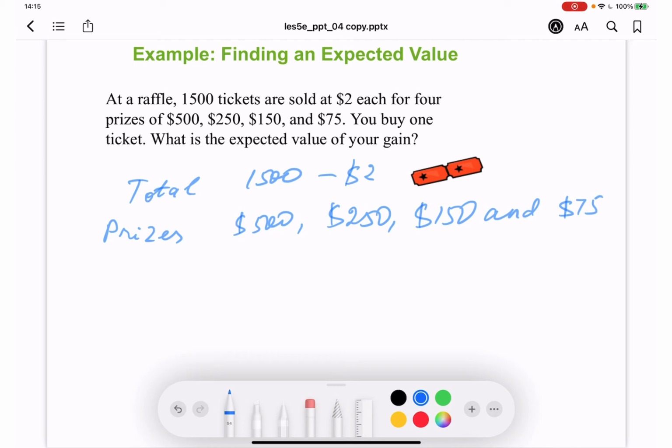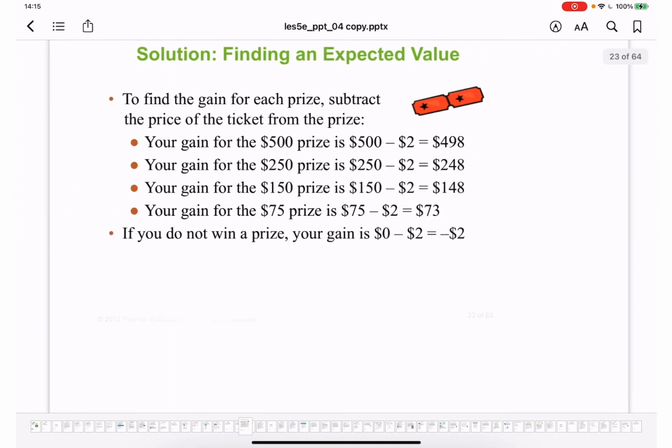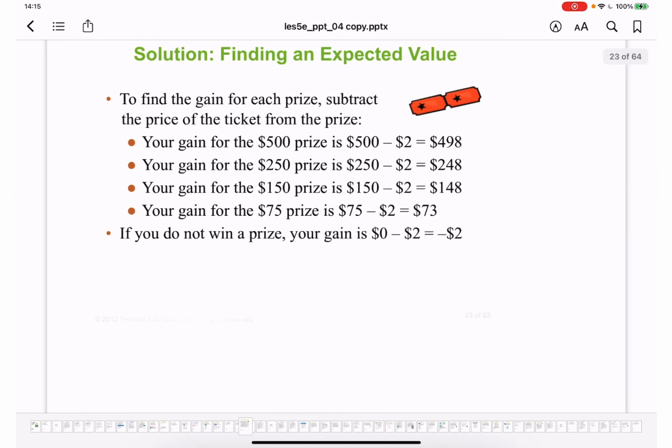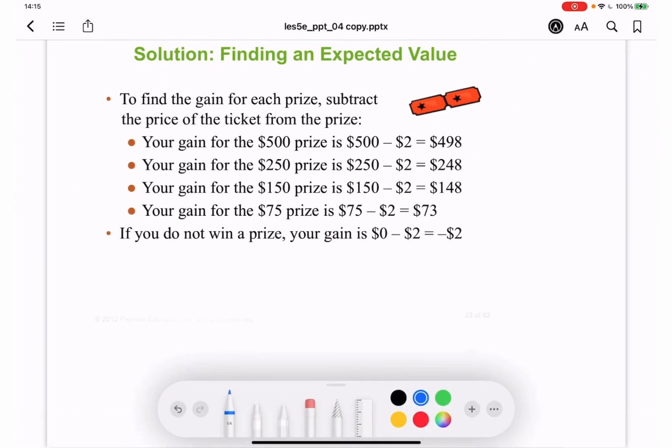So let's see what we have. You buy 1 ticket out of 1,500, 1 ticket is yours. What is the expected value of your gain? How much can you gain? Let's do it. So the total prizes we said are 500, 250, 150, 75, and 0, where you don't gain anything.